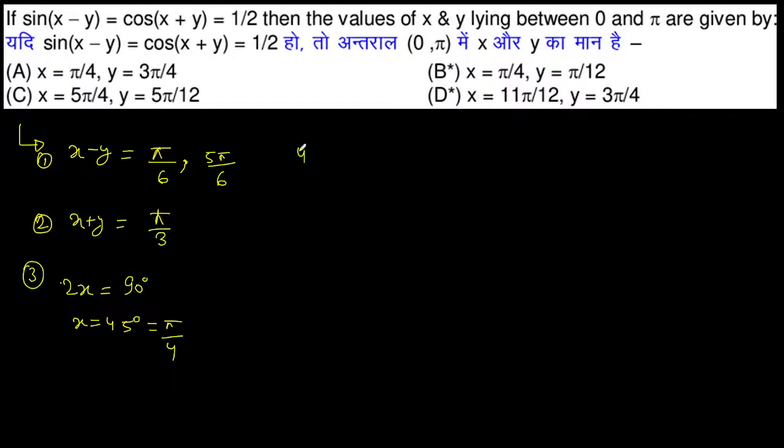And the fourth one: 2x is equal to 60 plus 150, 210. X is equal to 105 degree. So x is 105, y will be minus 45, and here y will be 15 degree.